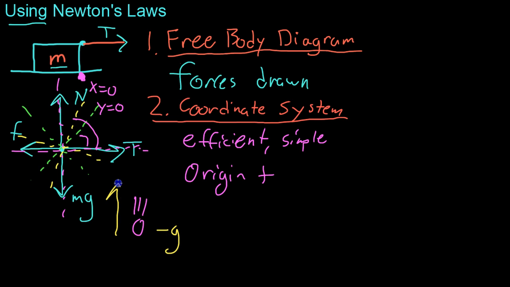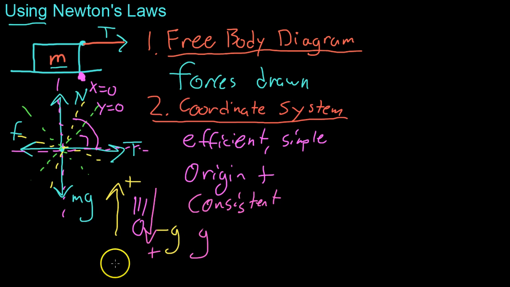In other words, this direction is positive, so gravity is really negative 9.81 meters per second squared, or if you want it to be positive, then this direction down here would be positive. Realistically, you can pick any sort of origin and positive orientation that you want, but the trick is to be consistent. So if g is negative, you have to make g negative throughout your entire problem in all of your equations, otherwise you will mess up your eventual results.